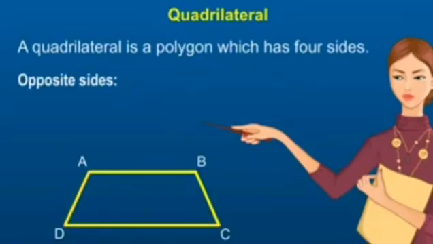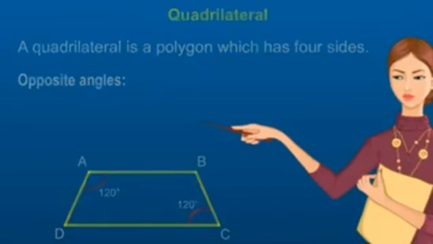Opposite sides: 2 sides of a quadrilateral are called its opposite sides if they do not have a common endpoint. Adjacent angles: 2 angles of a quadrilateral having a common side are called its adjacent angles. Opposite angles: 2 angles of a quadrilateral which are not adjacent angles are known as the opposite angles of a quadrilateral.